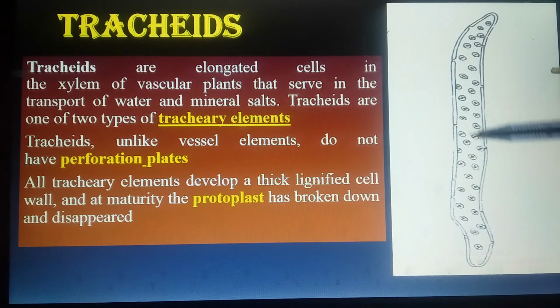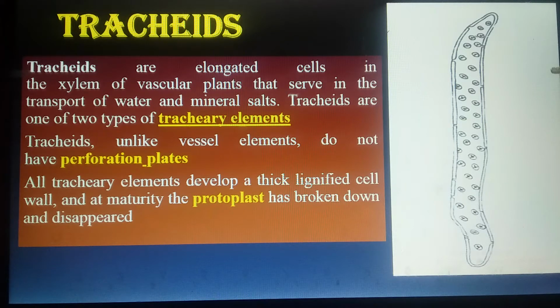The protoplasm, meaning the cytoplasm and all, is lost, broken down and disappears when they become mature. So water conduction is facilitated here because of the loss of the protoplast.